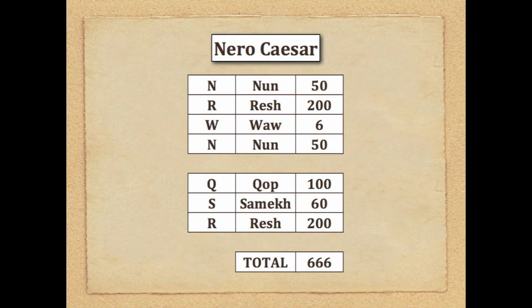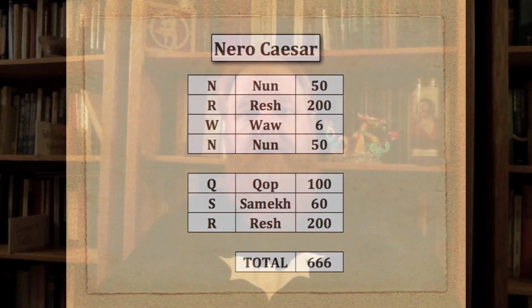His name can be spelled Nun Resh Wow Nun, Kop Samech Resh. Nun is 50, Resh is 200, Wow is 6, Nun is 50. Kop is 100, Samech is 60, and Resh is 200. Add it all up, and you get 666.